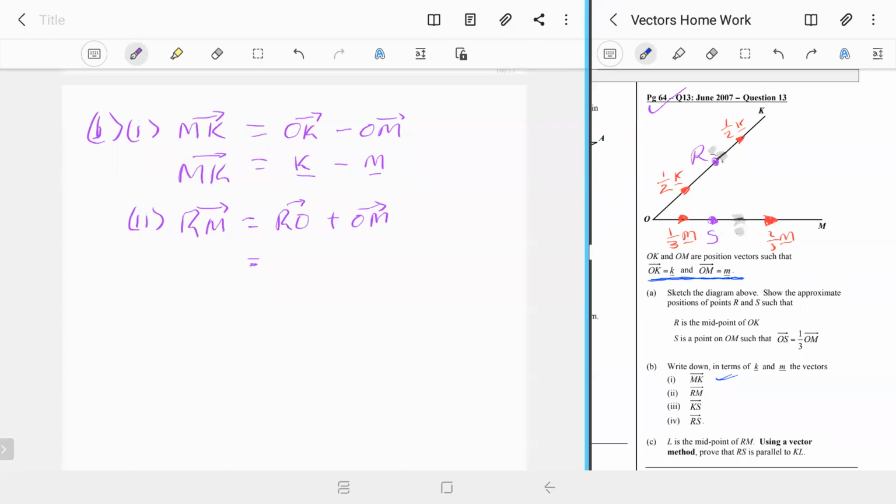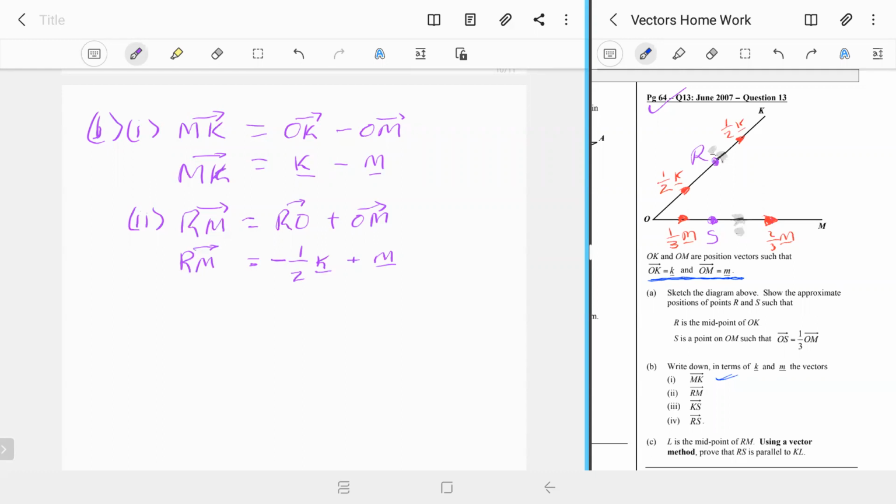You're going the opposite direction, so it's minus half K. And OM is what? OM is just M. That is the vector RM. Done. As easy as that.